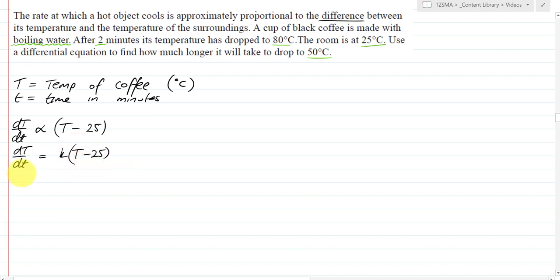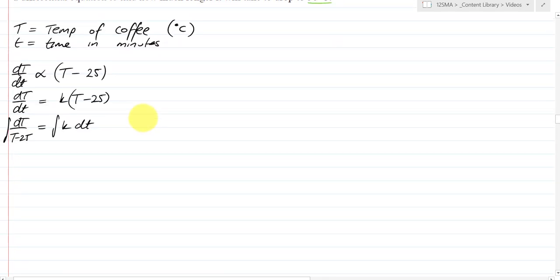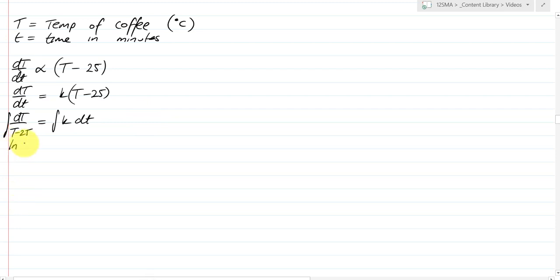Now we can solve our differential equation. We get dT over T minus 25 is equal to k dt, and you've seen this in the last example. We integrate both sides, and it gives us the natural log of T minus 25 is equal to kt plus some constant. Rearranging, as you've seen, we get T minus 25 is equal to A e to the kt.